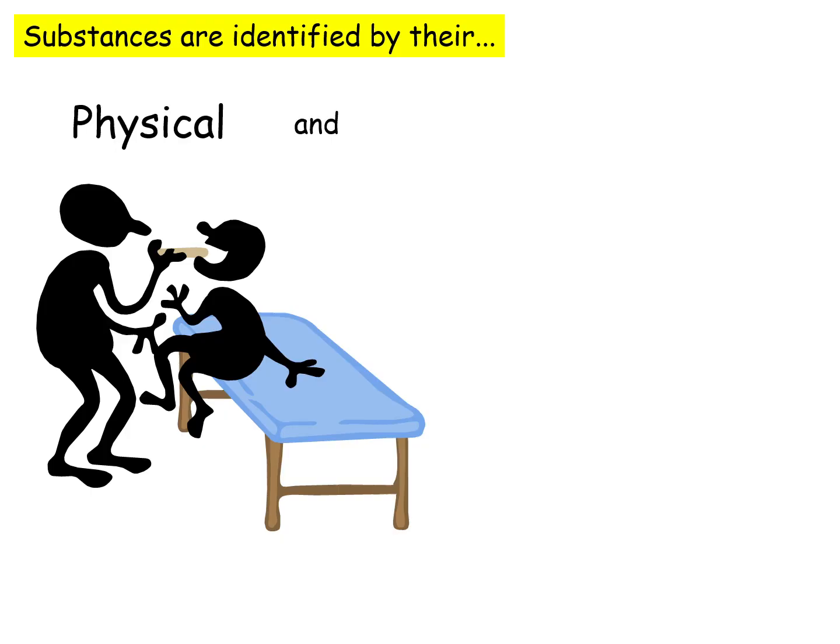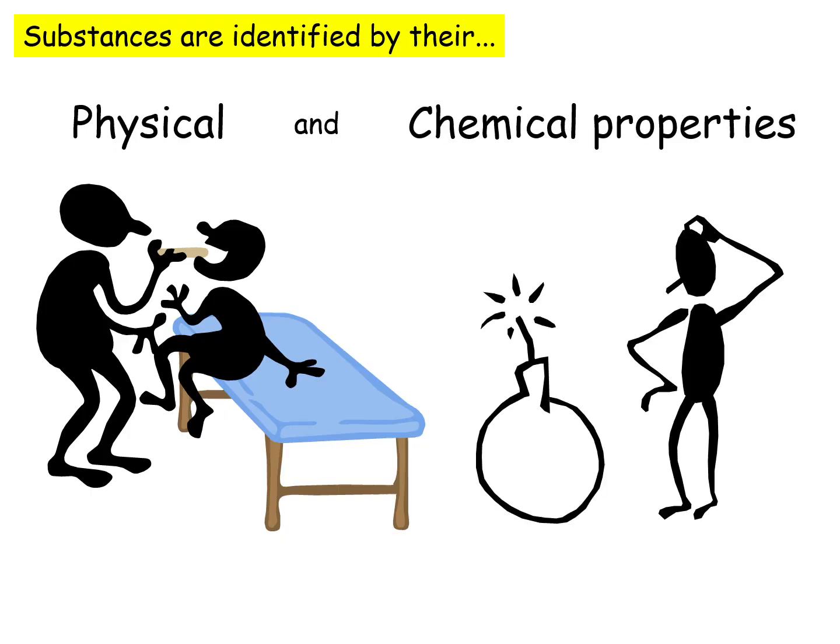So substances are identified by their physical and chemical properties. Just like when you go and you get a physical, the doctor is going to poke and prod you and make all kinds of measurements, but they're not going to change you in any specific permanent fashion.